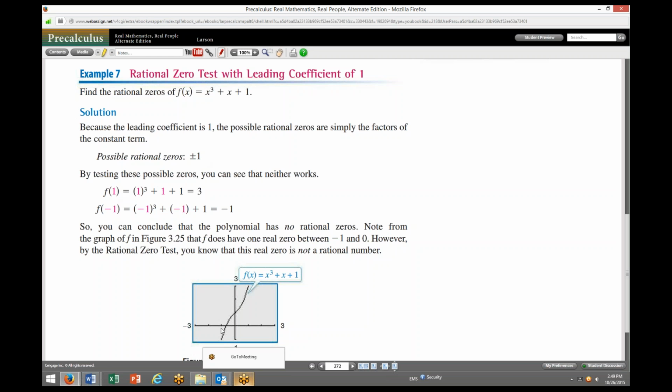And when we look at the graph right down below here, we see something interesting. It only crosses the x-axis in one place. So let's talk about this for a moment. Since it crosses in only one place, but it does cross it, whatever number that is right there, first of all, we know it's not a rational number, because we've eliminated the possibility of this polynomial even having a rational zero.